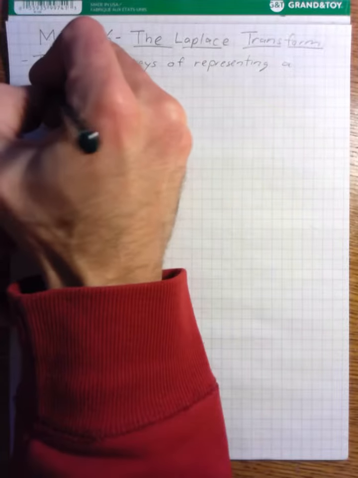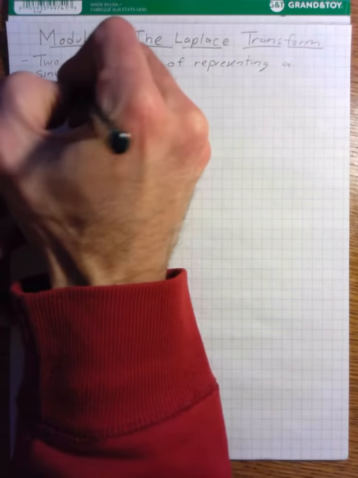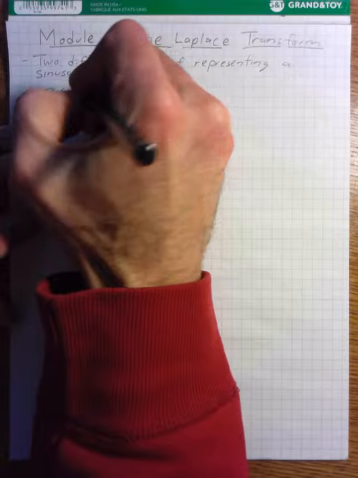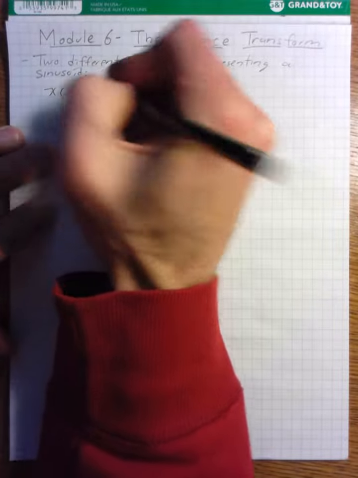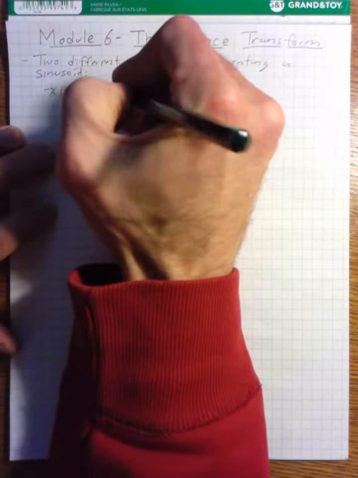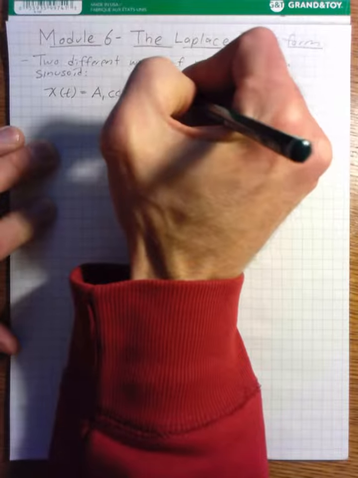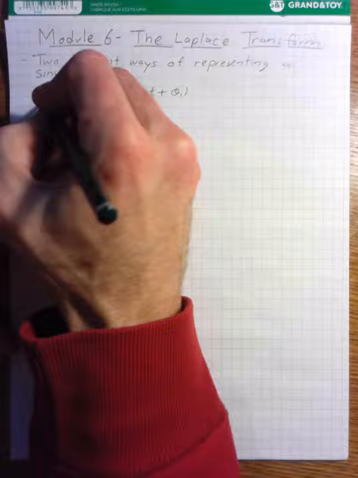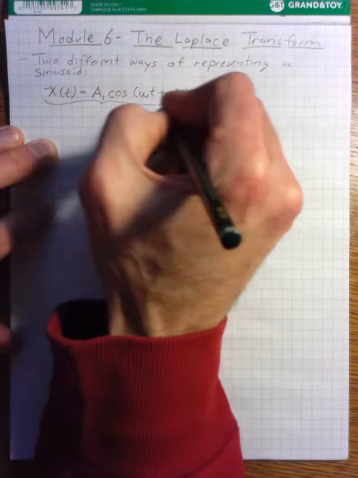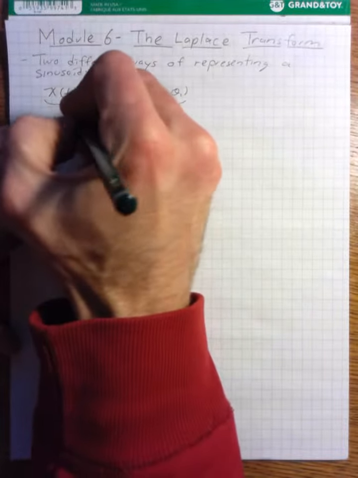Of course, we can represent a sinusoid using the sinusoidal equation. Let's say we've got a sinusoid with some amplitude, A1 cos(omega t plus theta 1). This is what we would call a time domain representation.